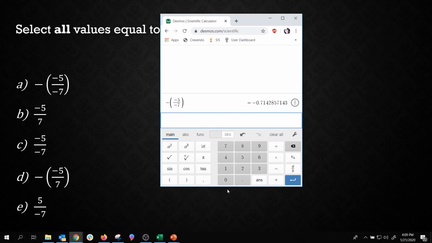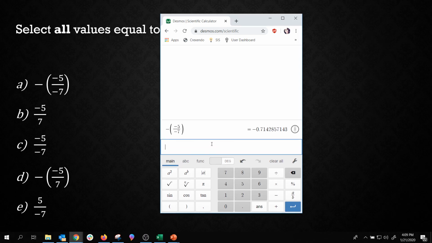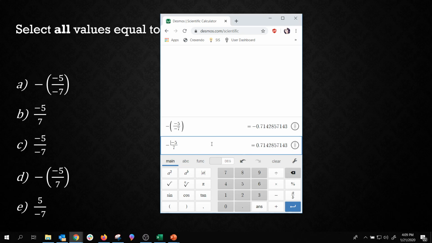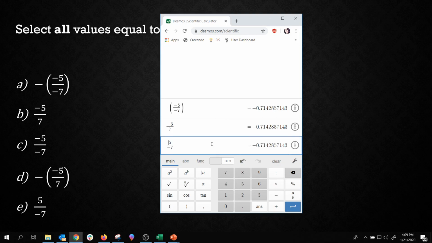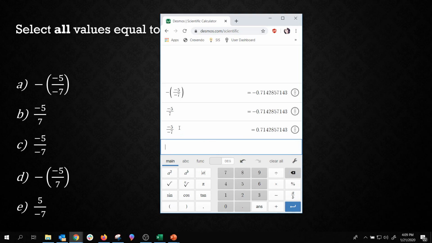I'll expand this a little bit again. Let's check our second one, -5/7. Put the negative up top. Again, that one's negative. -5 over -7. That one is positive. Let's check this next one where I have a negative.